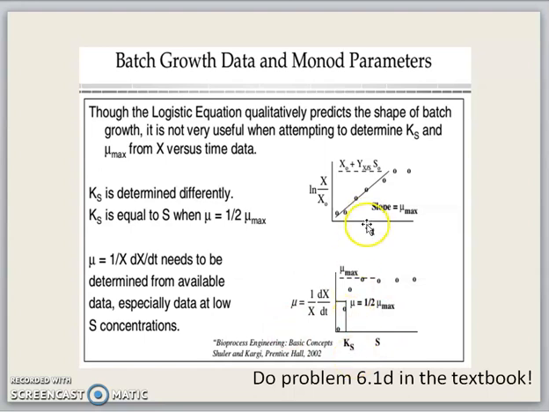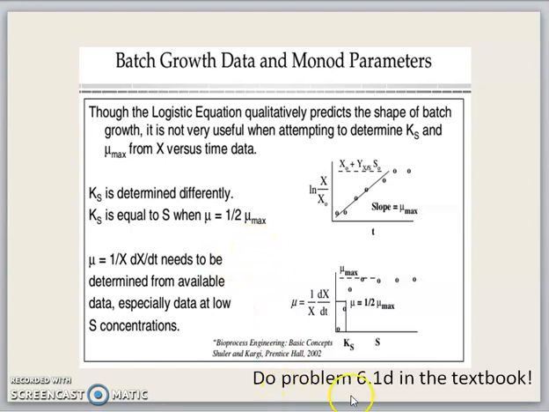And in order to determine the mu max value, you have to plot a graph of ln x over t or graph x over t. Here it shows the graph of ln x over x naught versus t. It also can be used, but normally we use graph x over t or ln x over t.